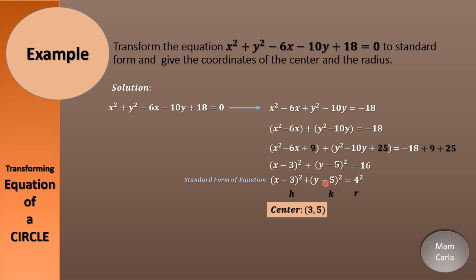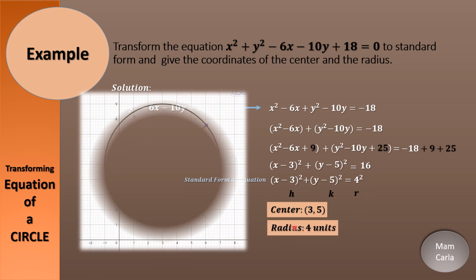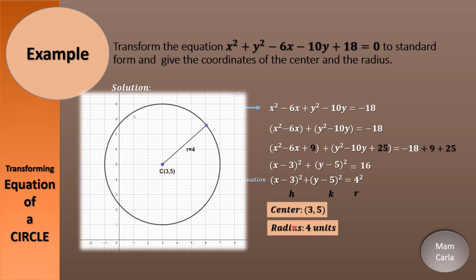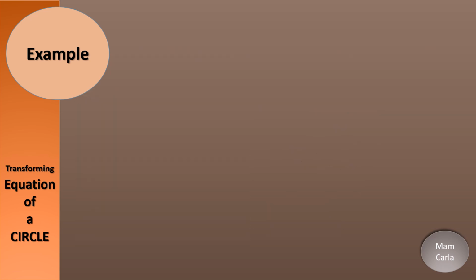And for the k, the additive inverse of negative 5 is 5. So the center is at 3, 5. And the radius is, of course, 4 units. So graphically, it is here. So the center is at 3, 5, and the radius is 4 units.